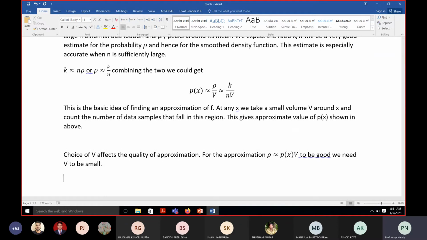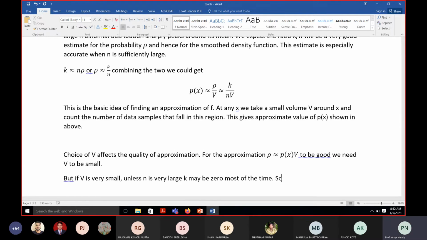But if V is very small, unless n is very large, then k may be 0 most of the time. That is the observation: if V is very small, unless n is very large, k may be 0 most of the time.